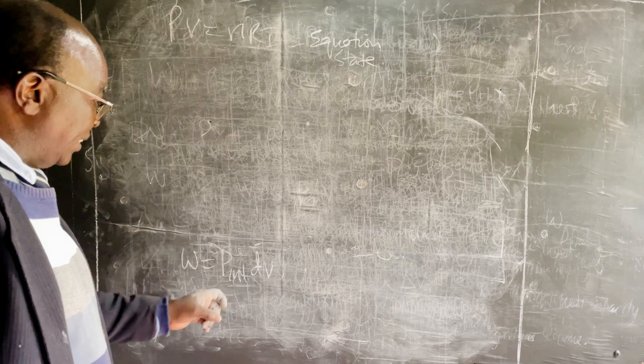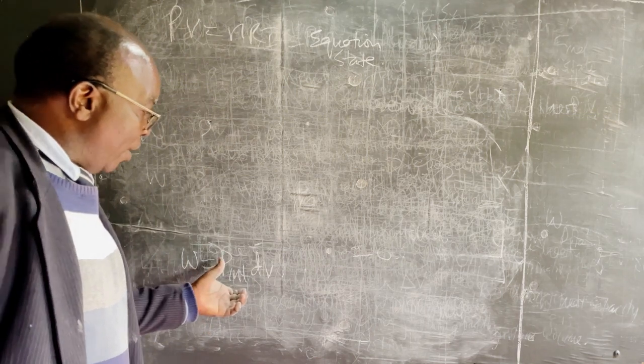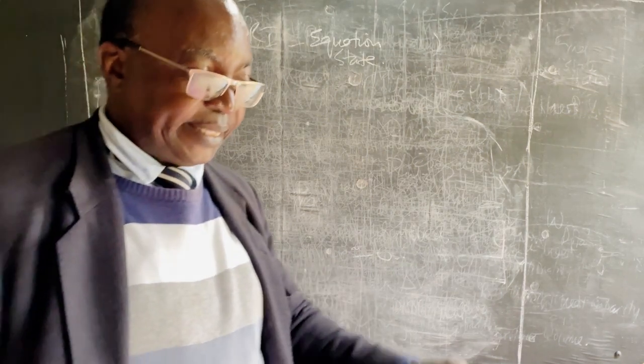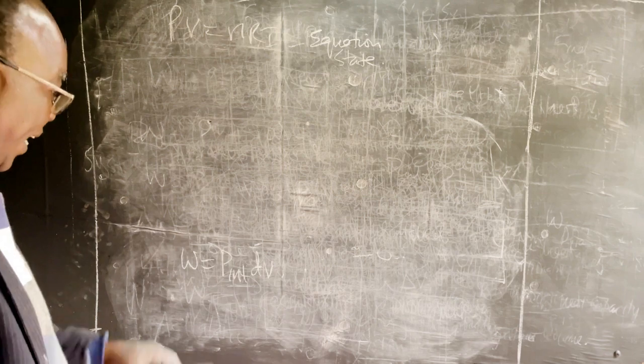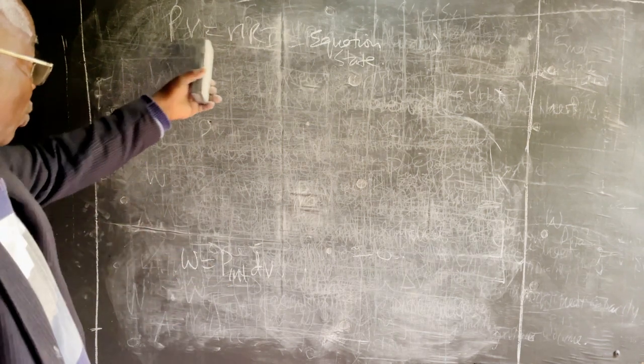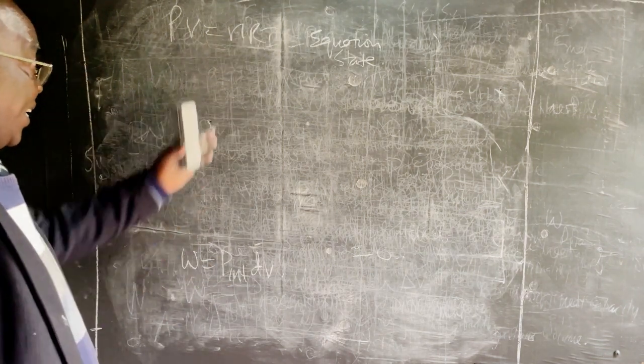So it means that since internal pressure has now come into the equation, we must get an equation of state to relate pressure to volume. And we choose the ideal gas equation of state.